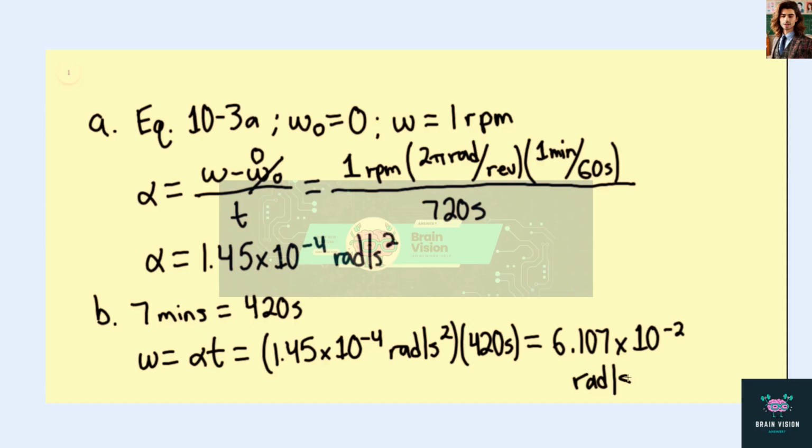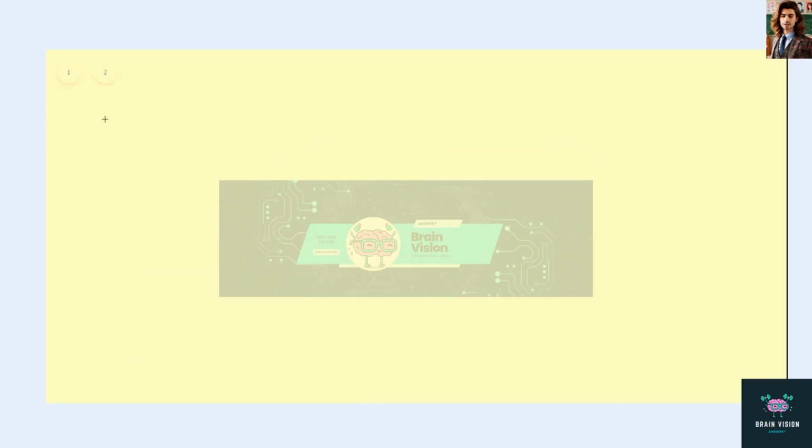We can then find the components of the acceleration of a point on the outer skin from the angular speed and the radius. For part B, the tangential acceleration would be equal to alpha times r.